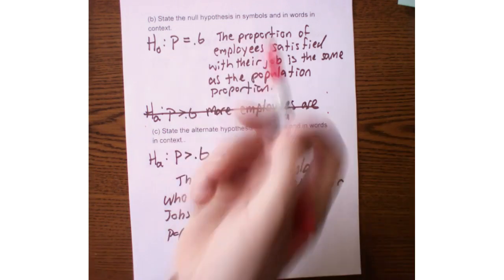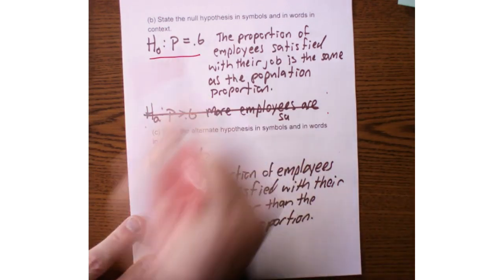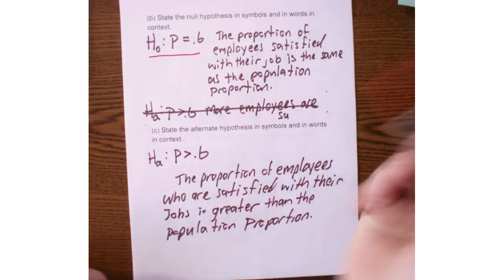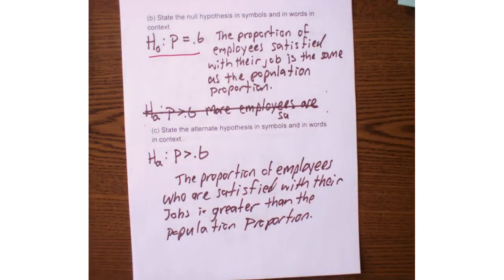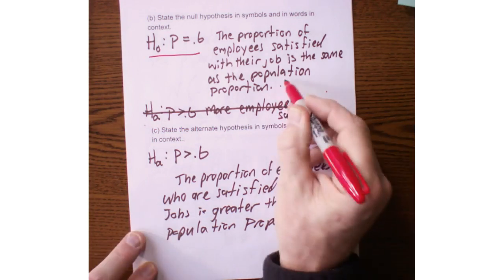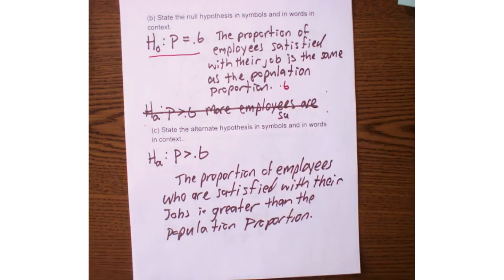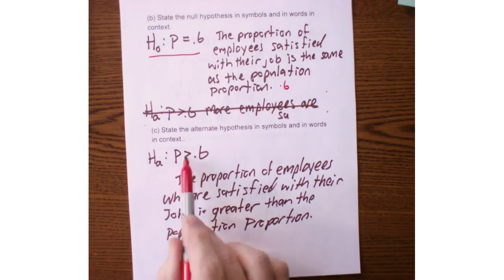So the null hypothesis states that my population proportion is 0.6, or in words, the proportion of employees satisfied with their job is the same as the population proportion, and that is 0.6. My alternate hypothesis, coming from what I want to conclude, that more than 60% of employees at the company are satisfied, would be p is greater than 0.6.